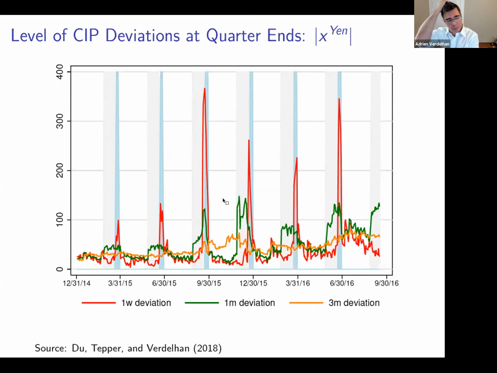Someone mentioned the work of Ho and Ray. They had a previous paper where they showed at the end of the quarter, all those mutual funds rebalance on the equity markets. So that could have some implication for what's going on the currency markets. That's what they showed. So this is not about what happens at the end of the quarter. It's what happens 1 month before or 1 week before, depending on the contract.